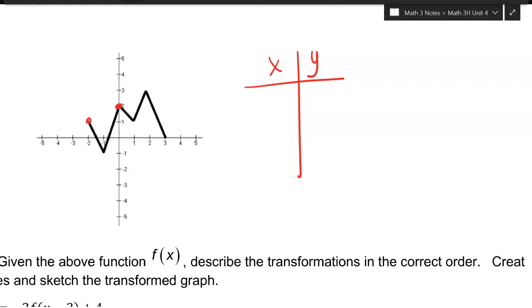So let's label all our points here. Our first point we come to is (-2, 1). Then we have (-1, -1). Then (0, 2), (1, 1), (2, 3), and (3, 0).